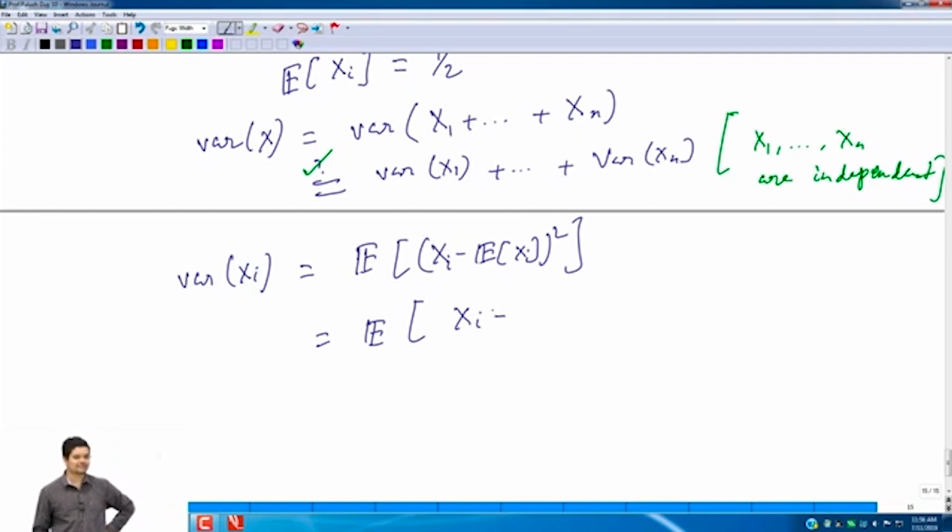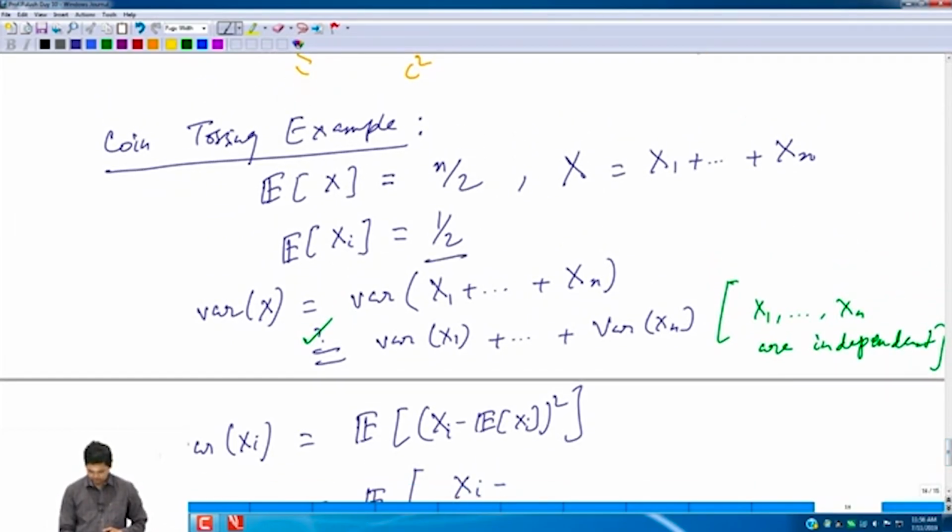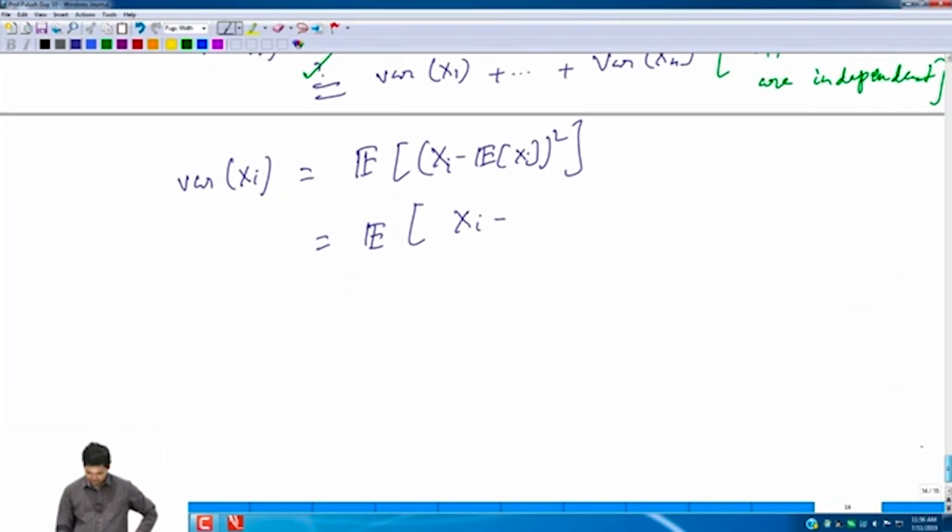What was expectation of xi? It was half, right? Here it was half. So let's put half here. As I was telling before, it is basically a constant.